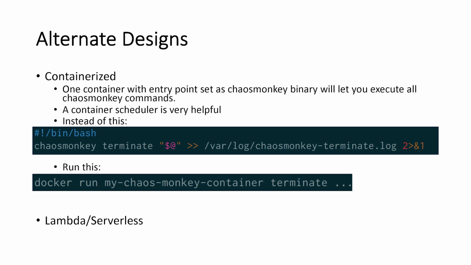So we talked about the EC2 deployment, what's needed for that. There's some alternate designs too. Chaos Monkey basically sits there all day and just does a few things. So almost all the time it's not running or doing anything, only when these processes are invoked by cron to go and do this or that.